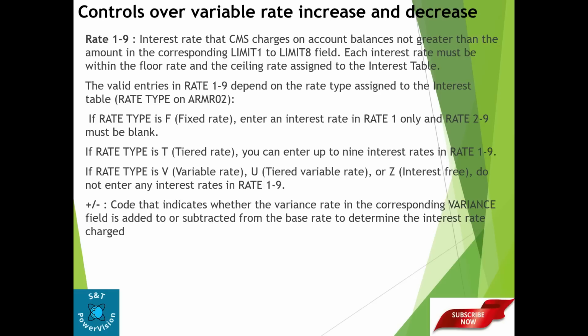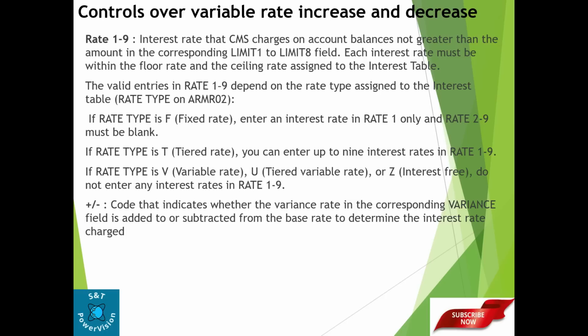Now rate 1 to 9. This is the interest rate that CMS charges on account balance not greater than the amount in the corresponding limit 1 to limit 8 field. Each interest rate must be within the floor rate and ceiling rate assigned to the interest table. The valid entry for rate 1 to 9 depends on the rate type assigned to the interest table.